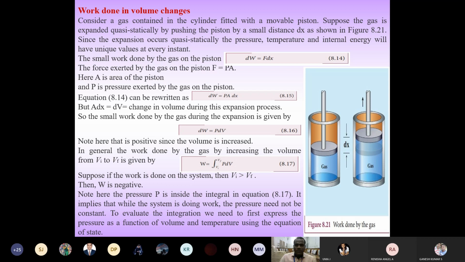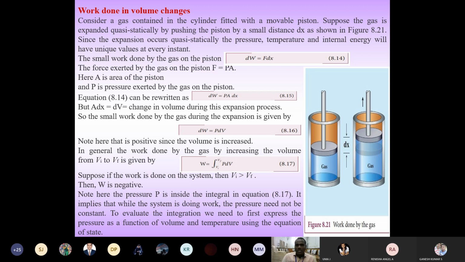We can integrate both sides. If you integrate dW, we get W. On the other side, we have the integration from V initial to V final of P dV, where Vi means V initial and Vf means V final. So we derive W is equal to the integral from Vi to Vf of P dV.